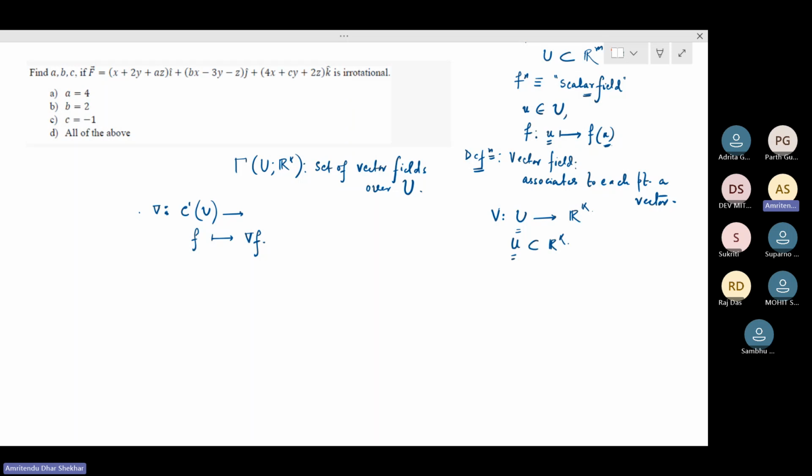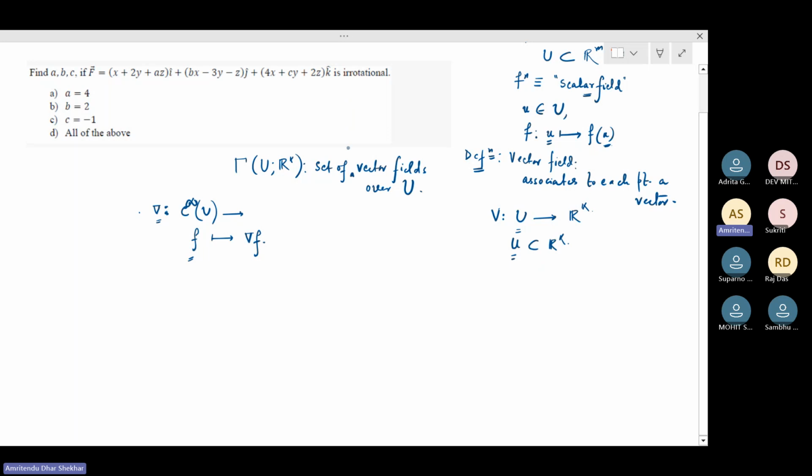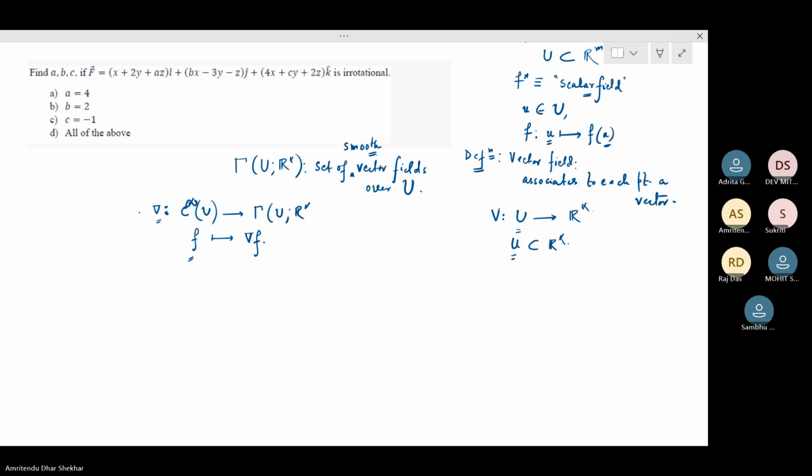So just so that there aren't too many symbols we're using here, let's assume that the function is a smooth function. So then we can think of this nabla, this grad, as an operator which operates on functions and gives you vector fields. Okay, so this is the set of smooth vector fields, where this U is an open subset of R^k.